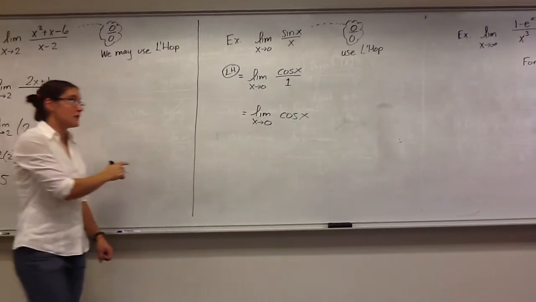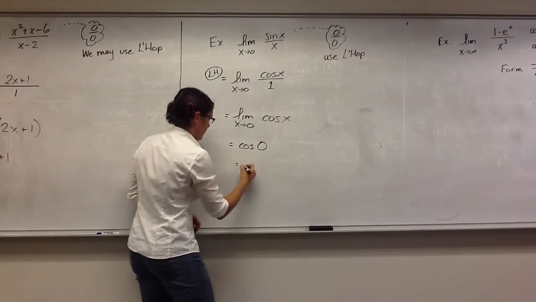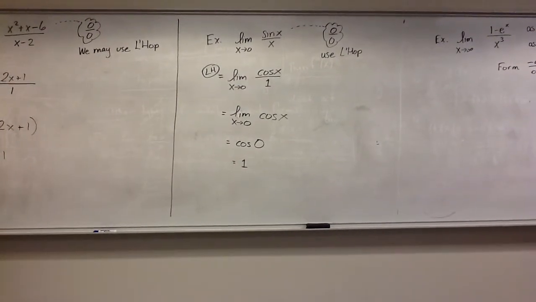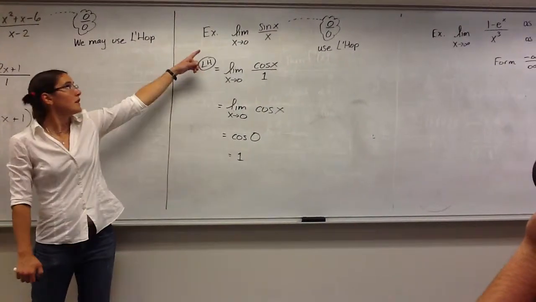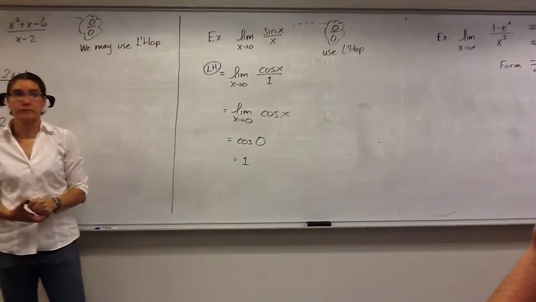Now we can take this all the way to the limit. As x goes to 0, we end up with cosine of 0, which is 1. And so using L'Hopital gives us a legitimate way to show that the limit as x approaches 0 of sine x over x is equal to 1.